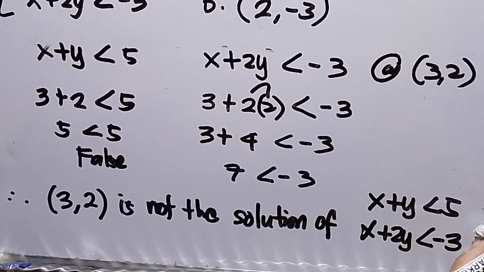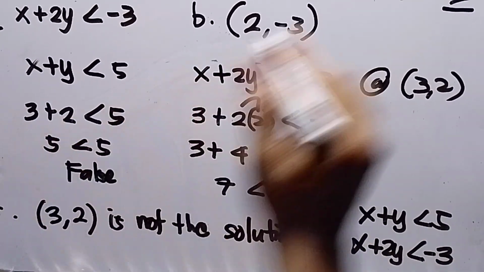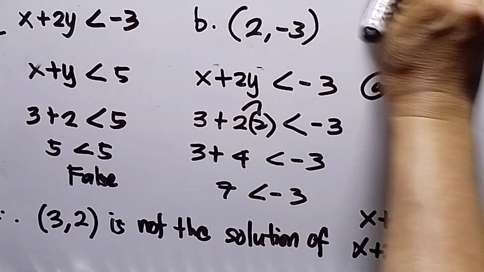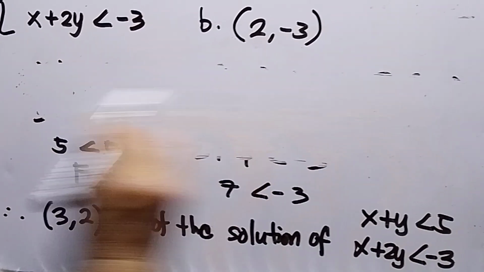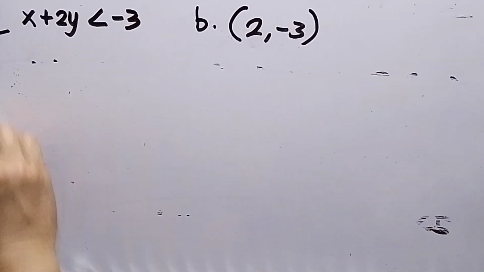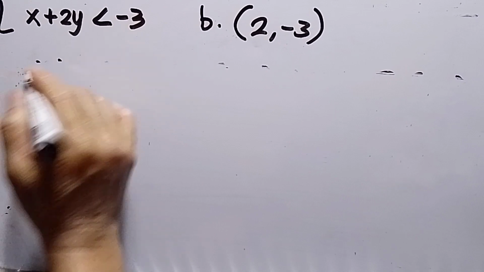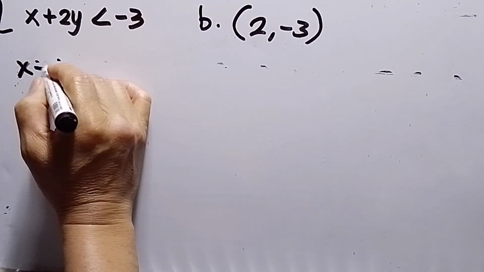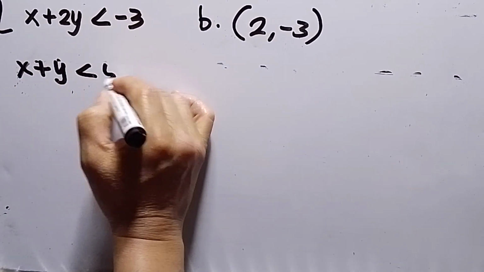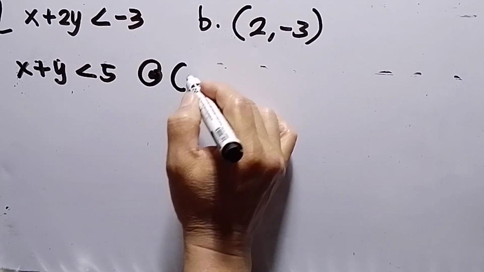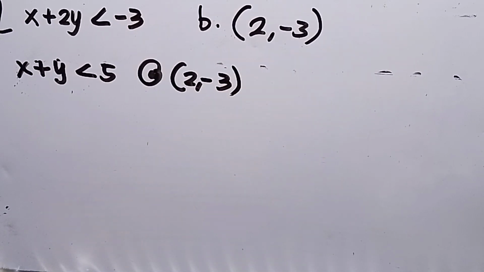Now how about letter B? So we are done with letter A. How about letter B? So x plus y less than 5 at 2 and negative 3.